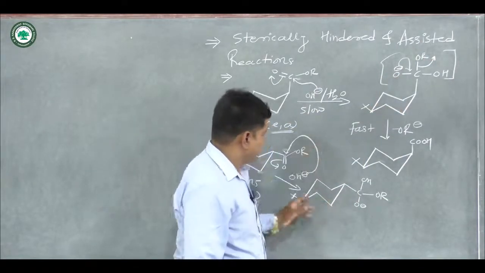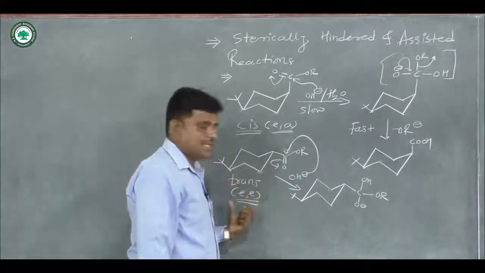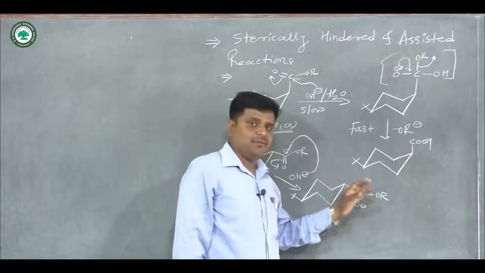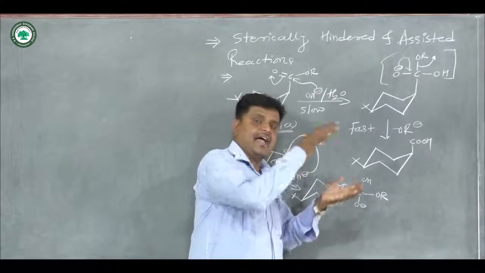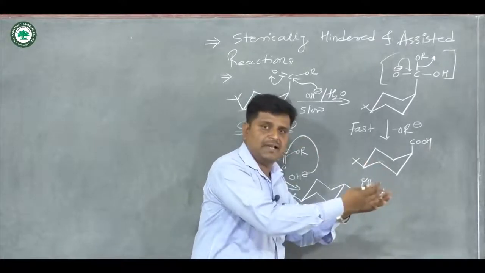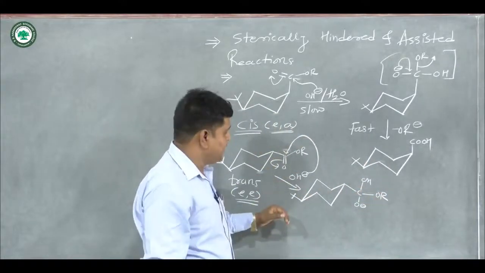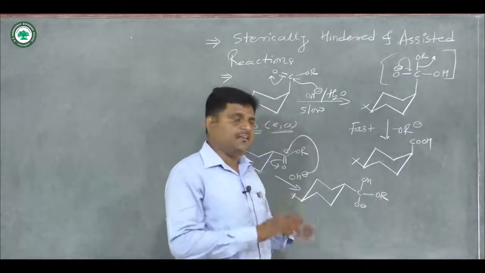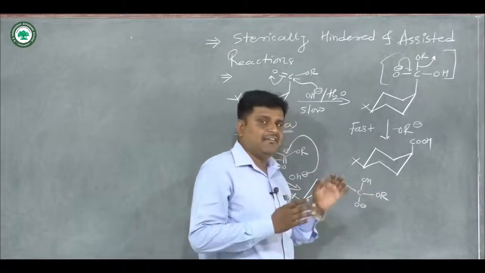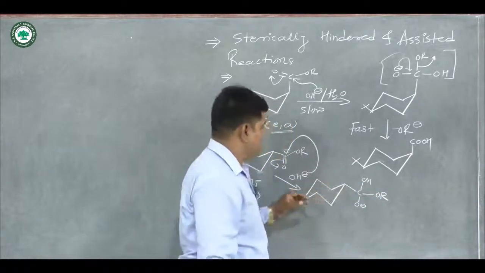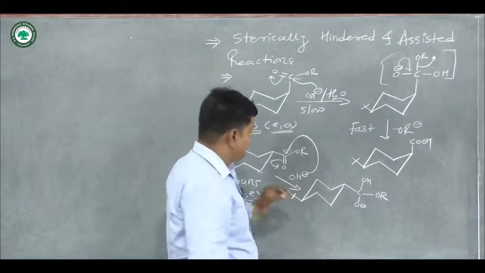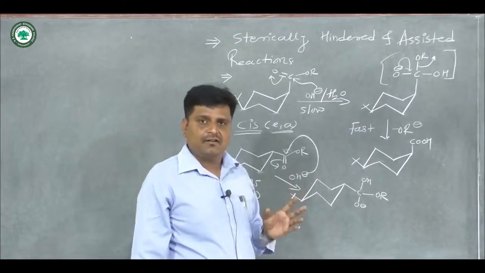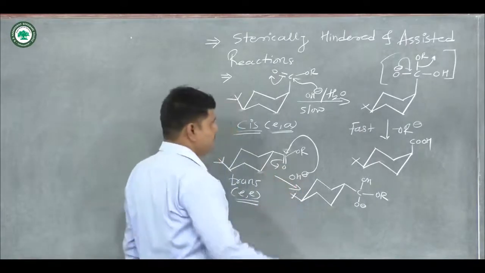But when we go for the trans isomer, the bulk is formed, but it is accommodated at the equatorial position, out of the plane, so there is no effect, or if there is an effect, it is very small on the stability of the molecule. The reaction contains a first step, which is somewhat slower or faster.